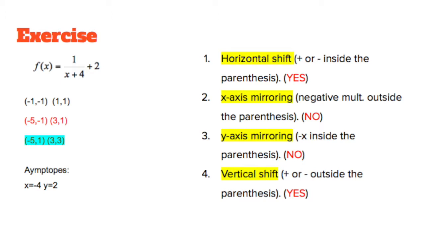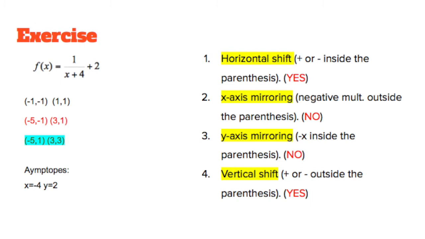Now you can see that there is no negative multiplication outside the parentheses, and there is not a negative x inside the parentheses, so that means that there won't be an x-axis mirroring, as well as there won't be a y-axis mirroring. At last we have to see if there is any addition or subtraction outside the parentheses, and yes, there is, so that means that you have to move the graph in a vertical shift, and well, it's +2, so that means you have to move the graph 2 up.